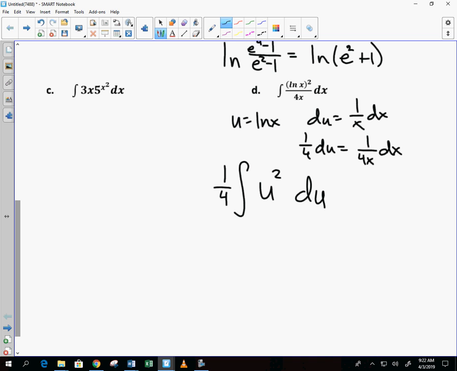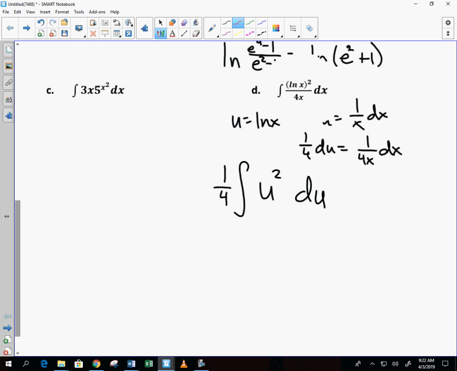So when you get in that situation, first put in your 1/4 du and get rid of the 1 over 4x dx, and look at what you have left. You have u squared. You see it? Take time to cross it off, and it's right in front of you. Yep, times it by a fourth because I had 4 in the denominator.